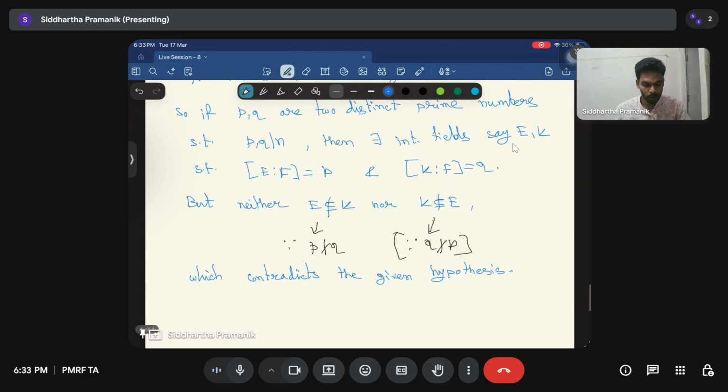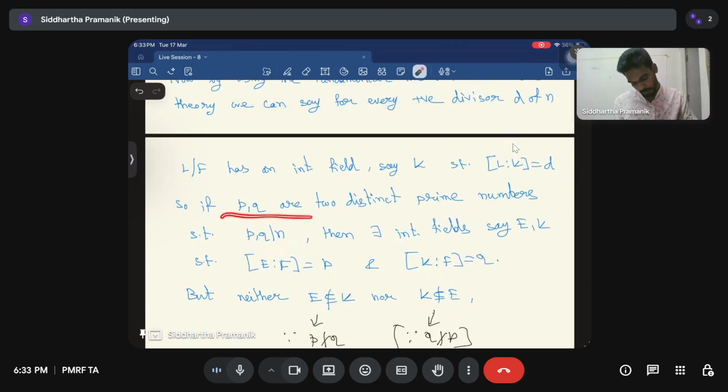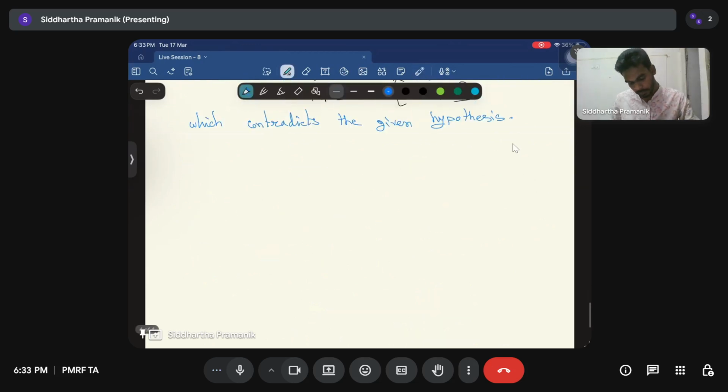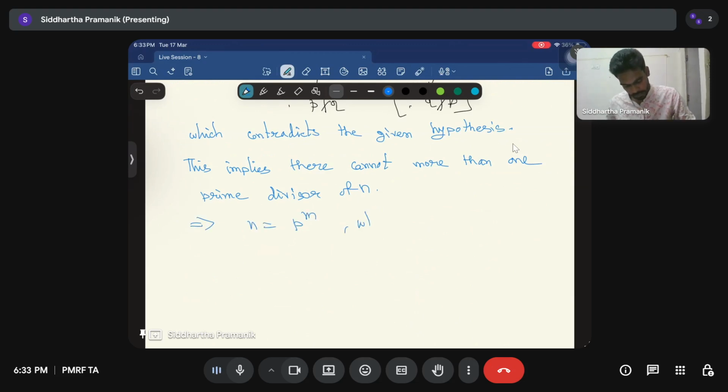So there is something wrong, right? So we have assumed something wrong. What have we assumed? We have assumed that there are two distinct primes which divide n. So this implies there cannot be more than one prime divisor of n. So this implies n has to be some p^m, where p is a prime and m is a positive integer.